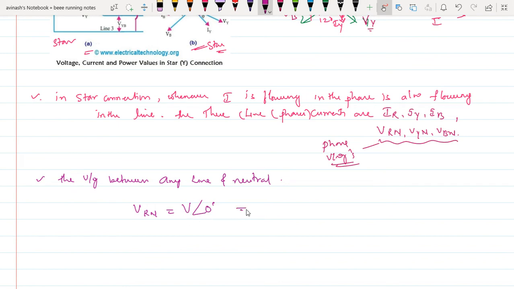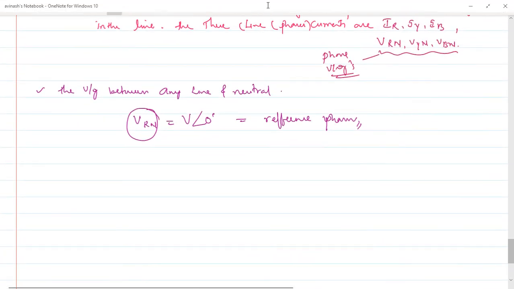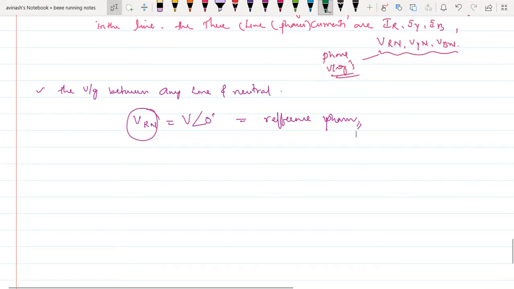Let us consider R to neutral as the reference phasor, because we have to consider one voltage as a reference phasor. If we consider R to neutral as a reference phasor, then assume this is VRN.